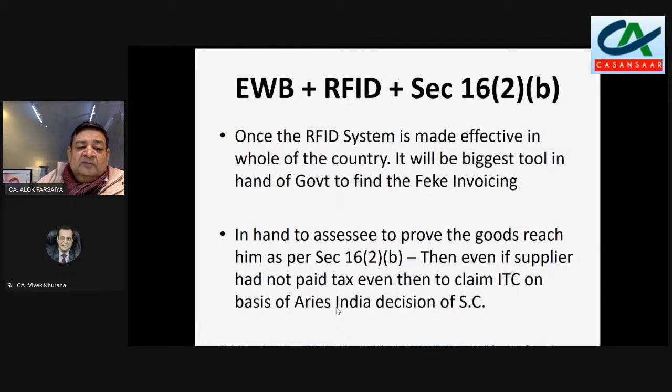And when the movement of goods is automatically recorded in the system, so government is facing the problem of fake invoicing. All know about it.